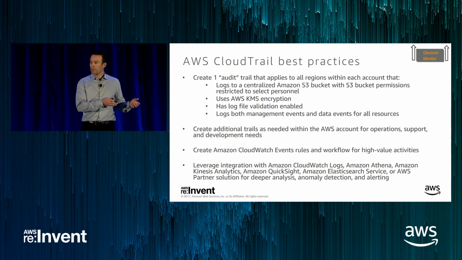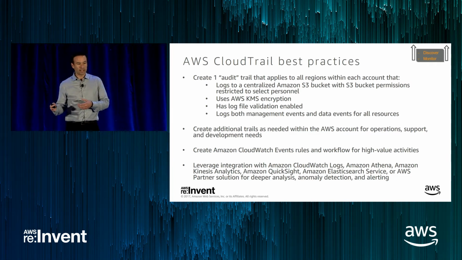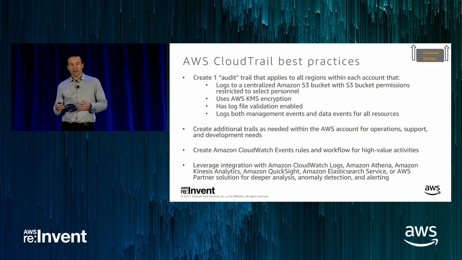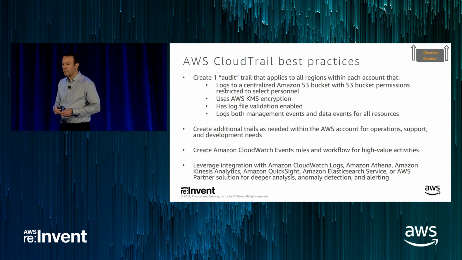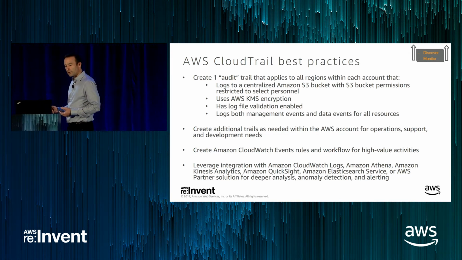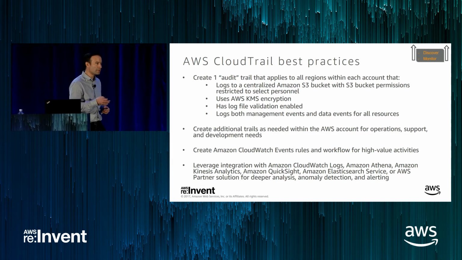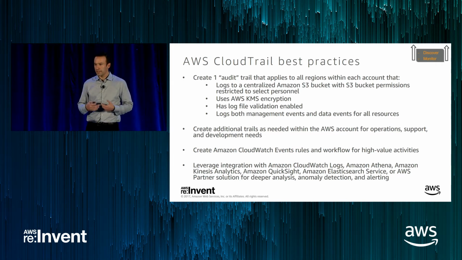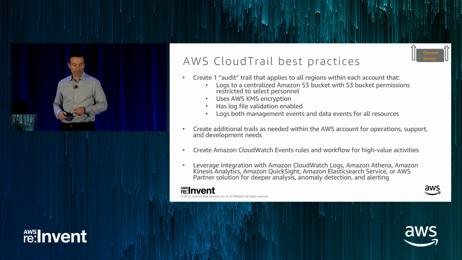Or I want to know when my root account does activity because it shouldn't be. Those are types of things I want to know about, and I can use CWE and some workflow to accomplish that. You'll also want to leverage things like CloudWatch Logs and Amazon Athena or Kinesis Analytics to do research and search queries around that data so you can quickly make use of it for all the various purposes we talked about.